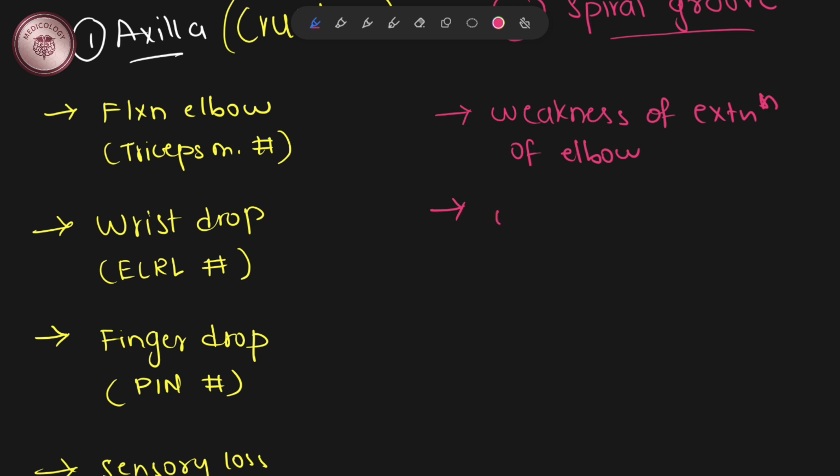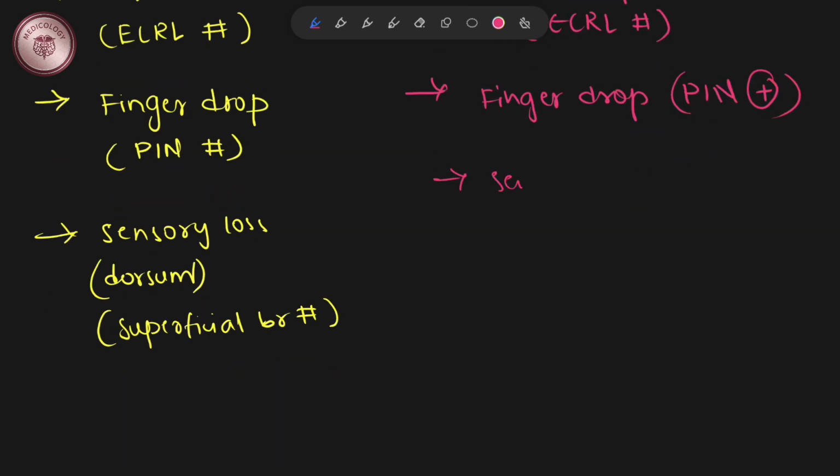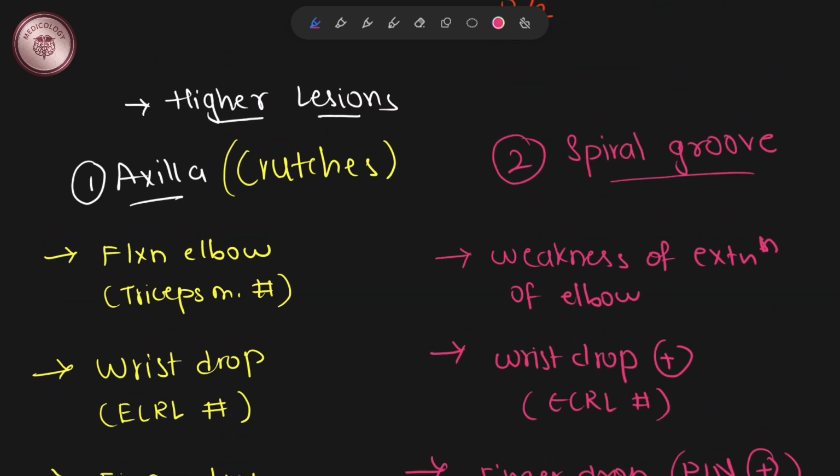Second, wrist drop is seen because ECRL is affected. Third, finger drop is also there because the posterior interosseous nerve is affected. Sensory loss will be present at the dorsum of the hand because the superficial branch is affected. Okay, so we have done the higher lesions.